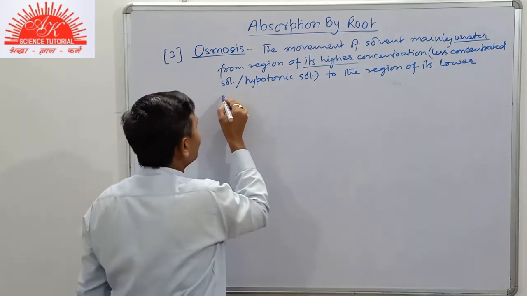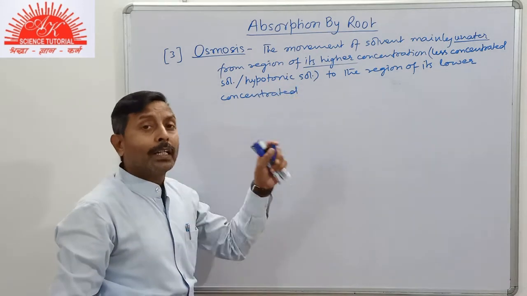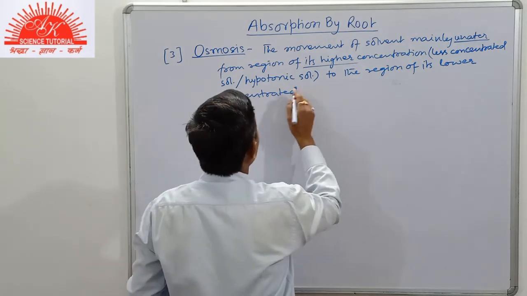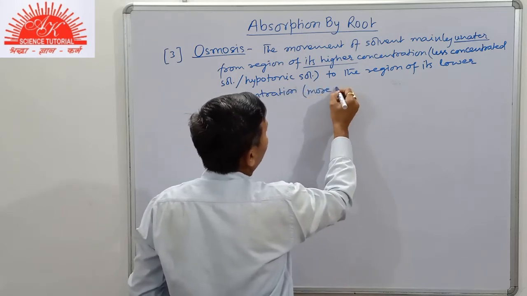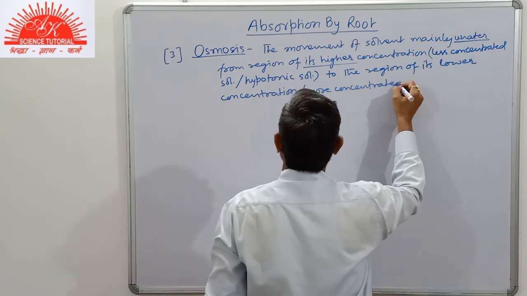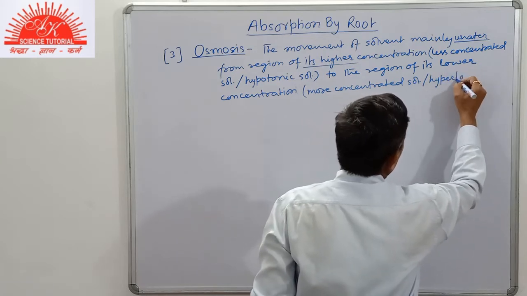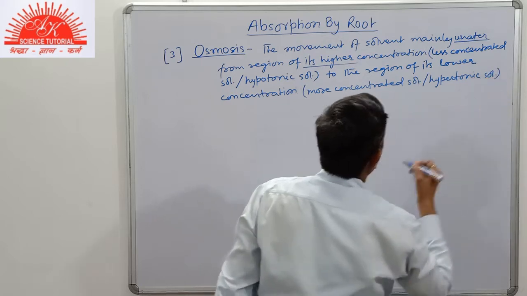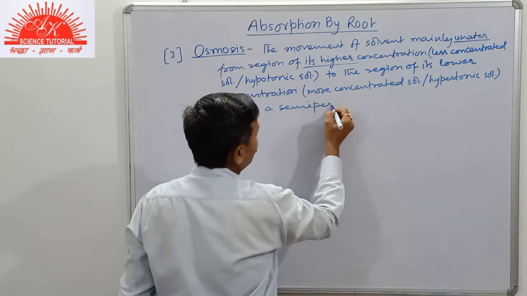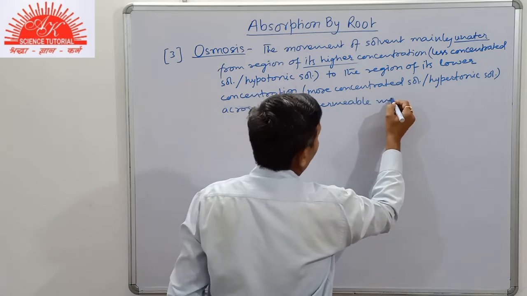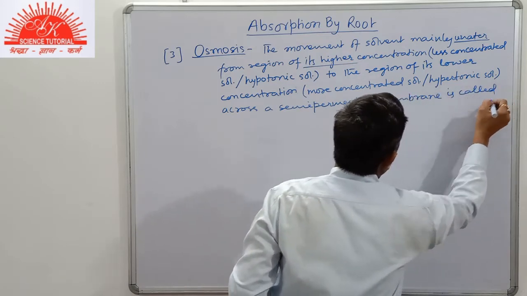That is, if the water is in a lower concentration, then it will be a more concentrated solution, it will have higher concentration of solute, or this is also termed as hypertonic solution, across a semi-permeable membrane is called osmosis.